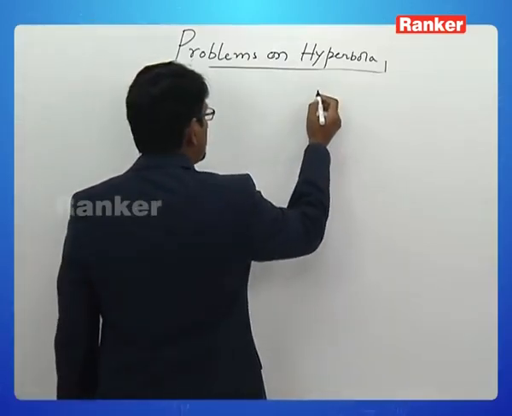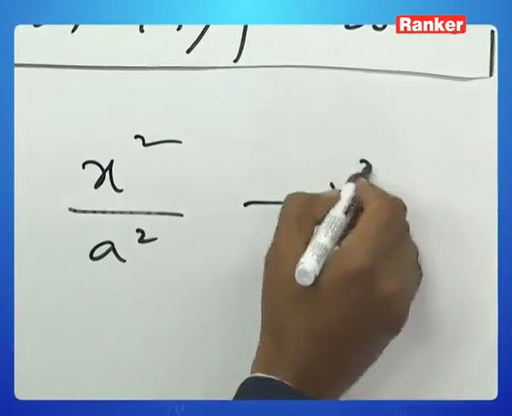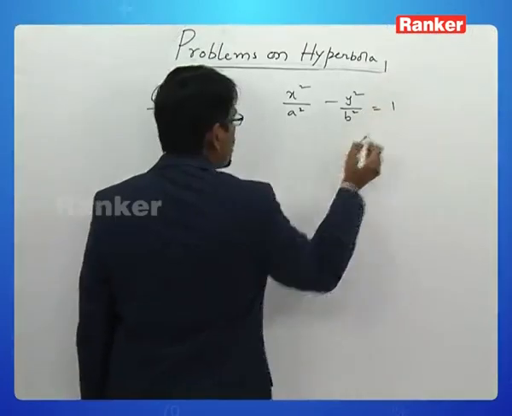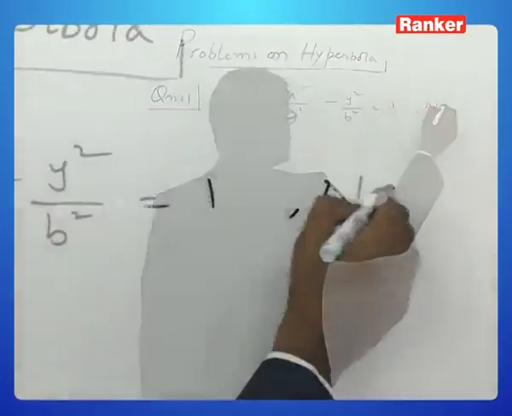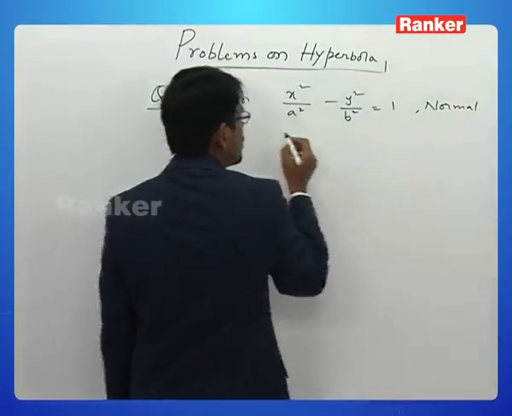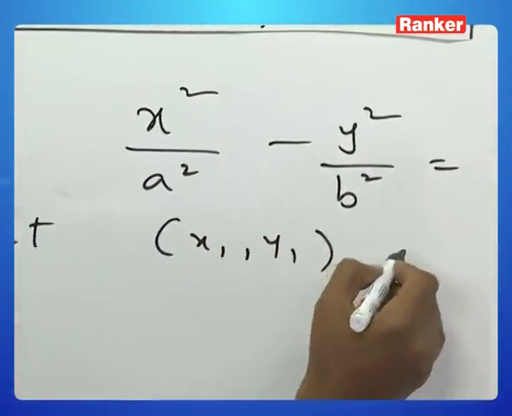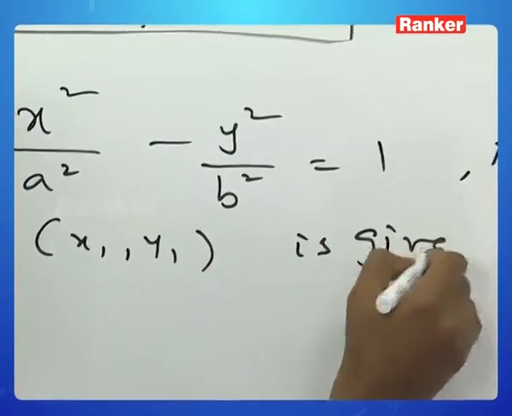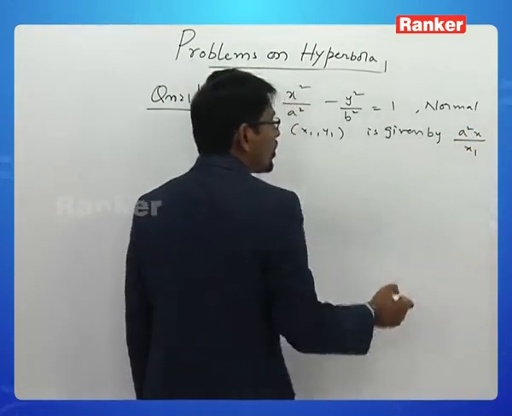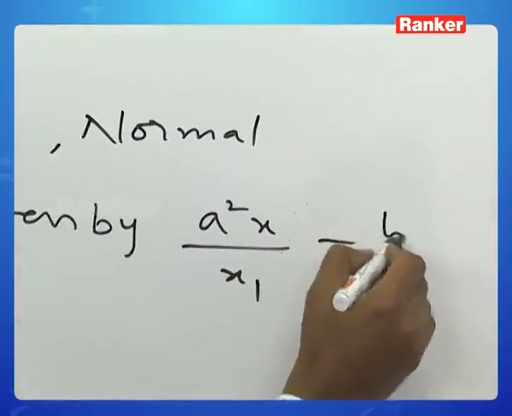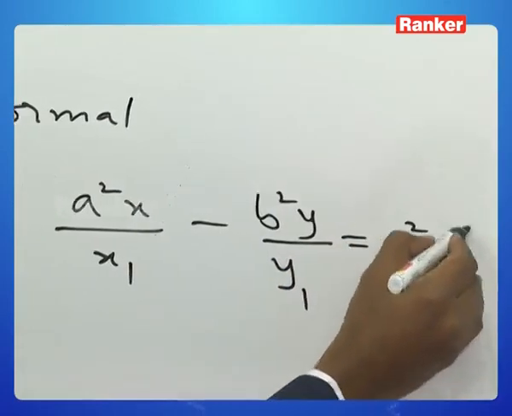Now, for a hyperbola x square by a square minus y square by b square equal to 1, the normal at x1 comma y1 is given by a square x by x1 minus b square y by y1 is equal to a square minus b square.